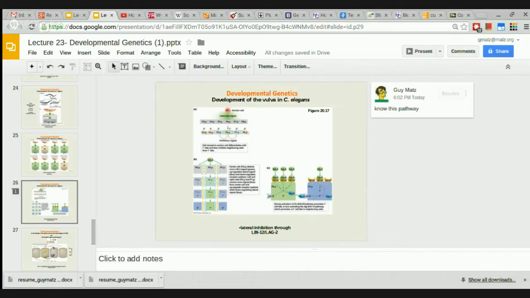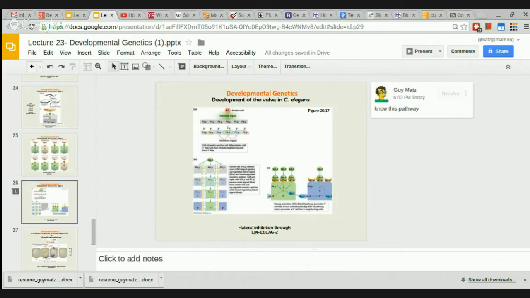That's not necessarily the case. But I'll have to check if Lin12 is significantly expressed in, for example, P6P, before the anchor cell is making Lin3, that's what you're asking. The general answer to that question: Lin12 is important in other cell types to govern differentiation in totally different structures, and the same is true for Let60.